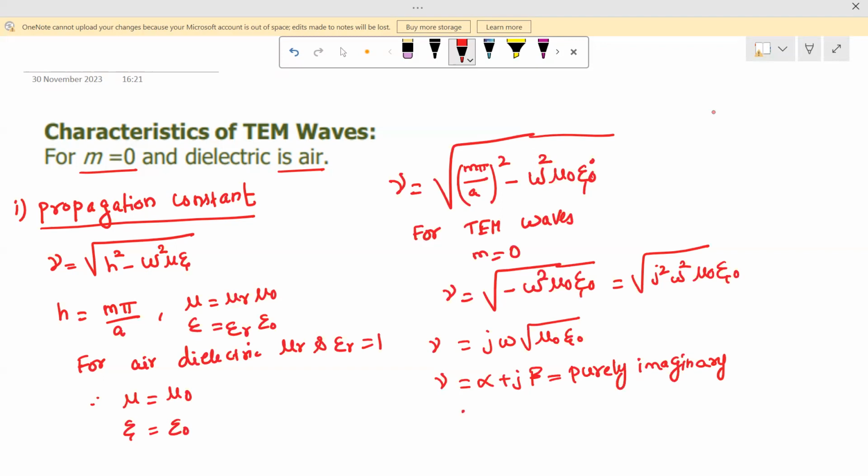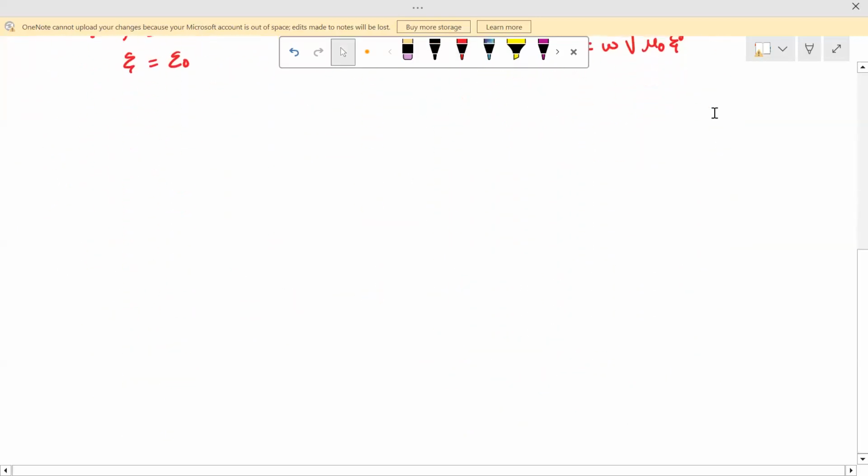So for TEM waves, alpha is equal to 0 and beta is the coefficient of j term. So the coefficient of j is omega into root of mu naught epsilon naught. So for TEM waves, alpha is 0 and beta is equal to omega into root of mu naught into epsilon naught. Let us move to the next characteristic.